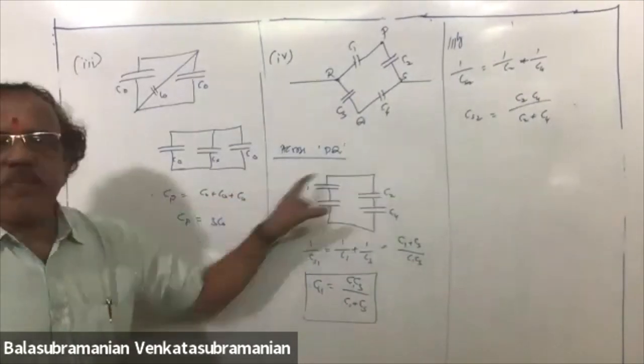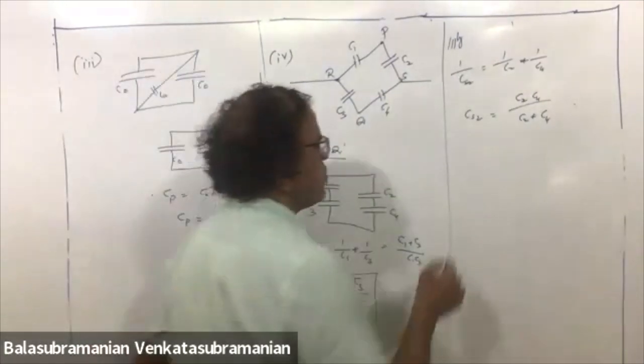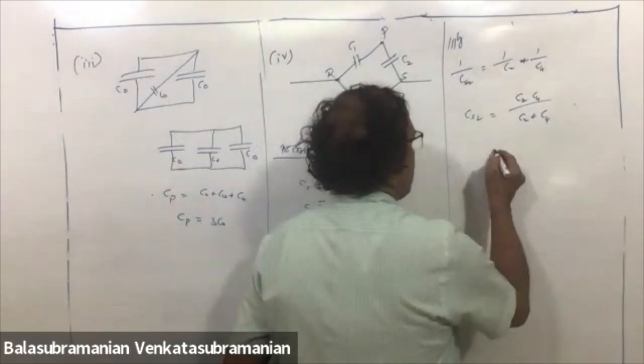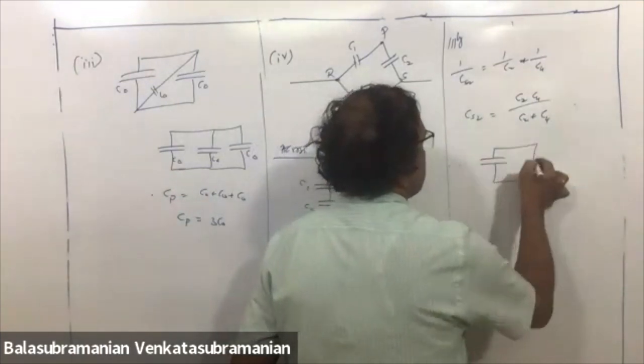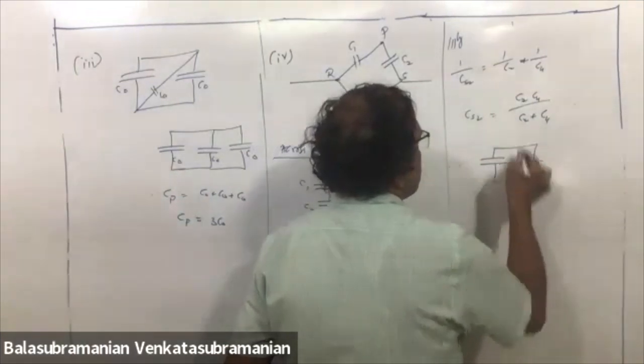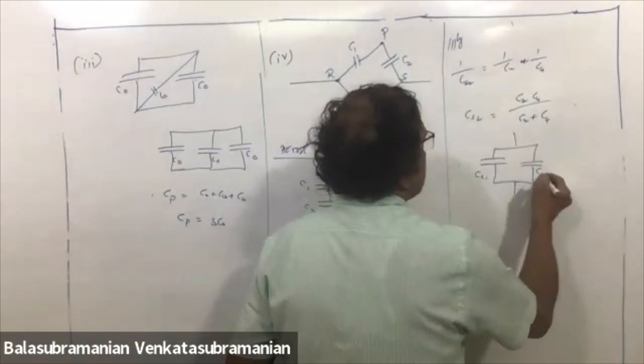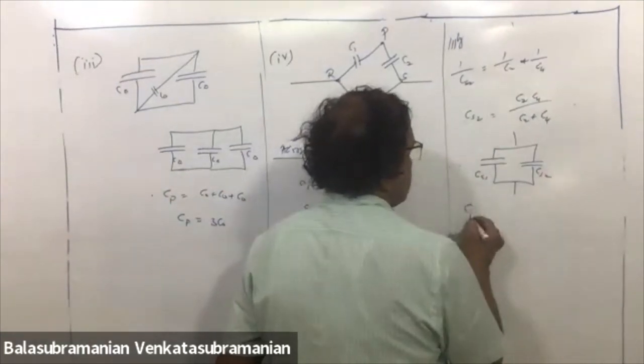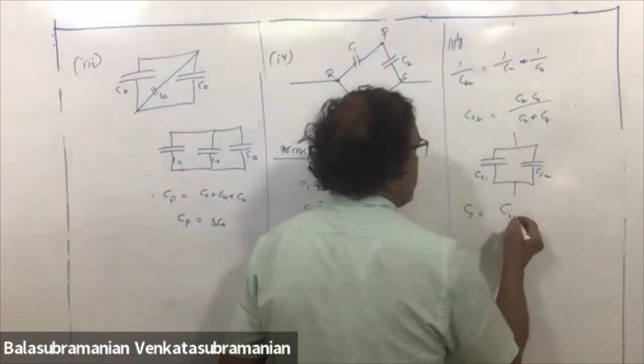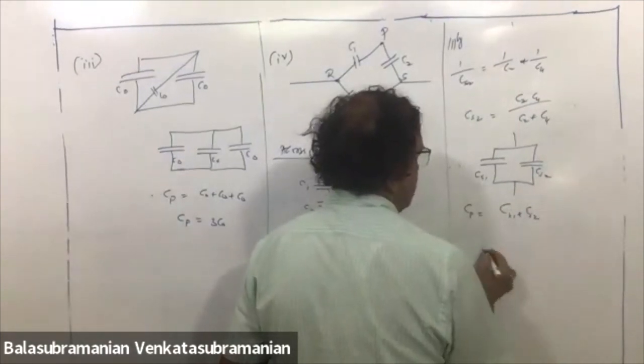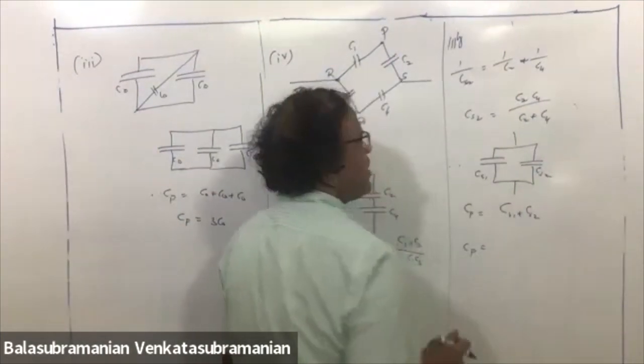Now these two are parallel. Equivalent diagram: CS1, CS2. CP is equal to, simply you add. What is CS1?